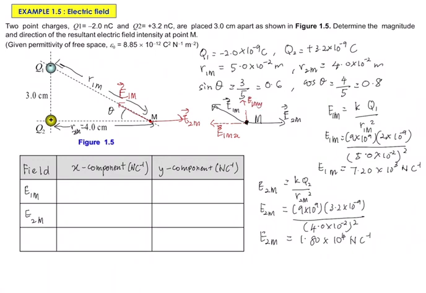Then you resolve E1My here. E1Mx is negative because it is on the left side, E1M cos theta: negative 7.2 times 10 power of 3, cos theta is 0.8. So you have negative 5.76 times 10 power of 3.